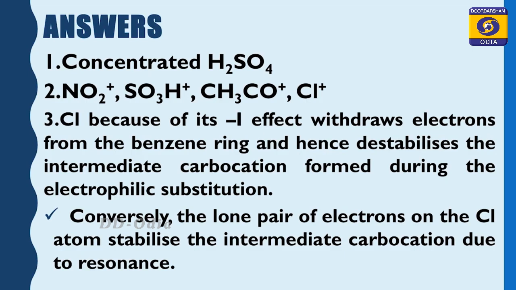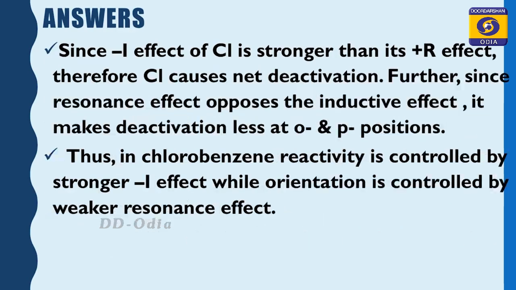So, now the benzene ring feels two effects of chlorine: one is the minus I effect and the other is the plus R effect. Since the minus I effect of chlorine is stronger than its plus R effect, chlorine causes net deactivation.